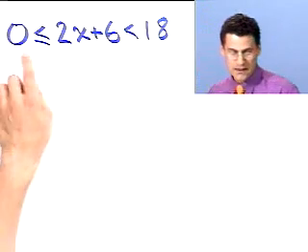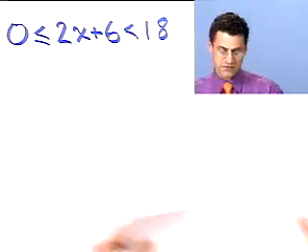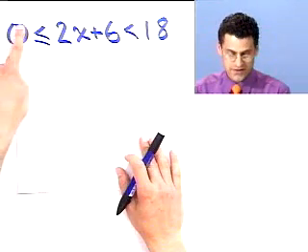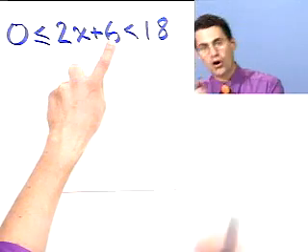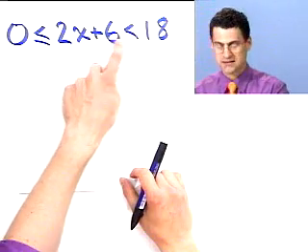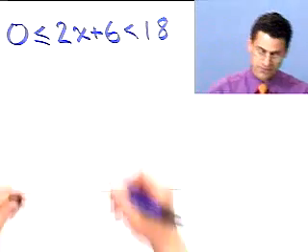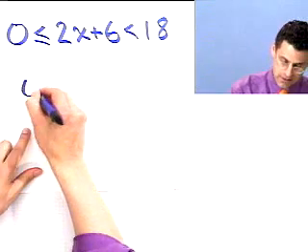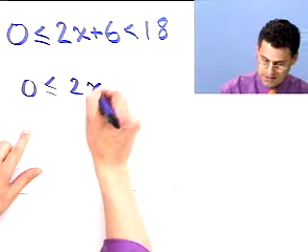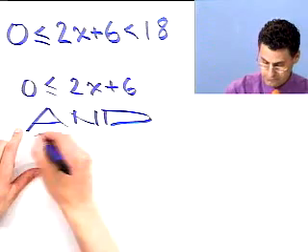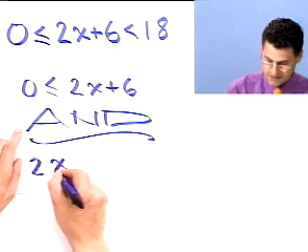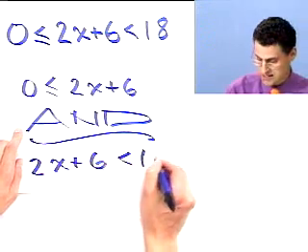Whenever you see an inequality like this, first of all, what that means is 0 is less than or equal to 2x plus 6, and also 2x plus 6 is less than 18. So in fact, this translates into the following: 0 less than or equal to 2x plus 6, and 2x plus 6 is less than 18.